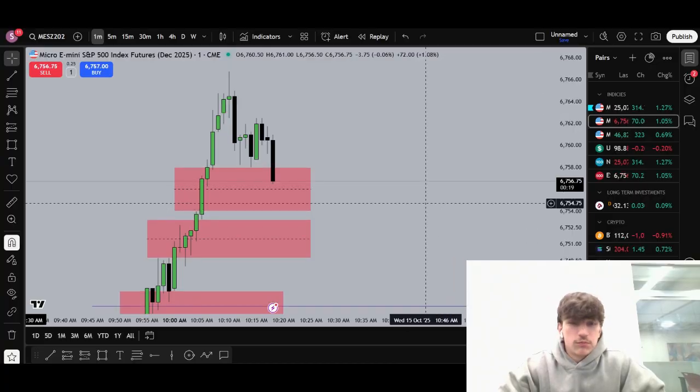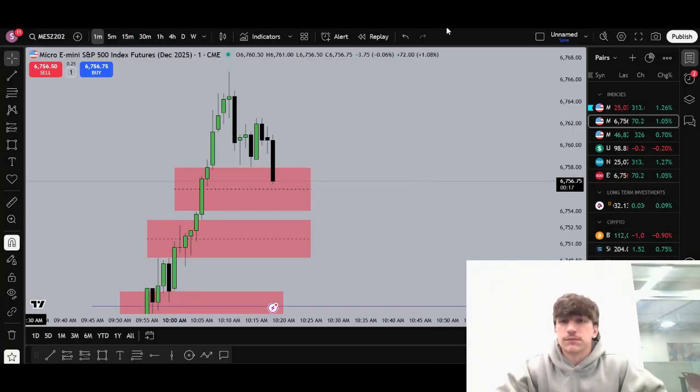We close under here. That's 1 minute break of structure. Then we look for break of structure to the upside.